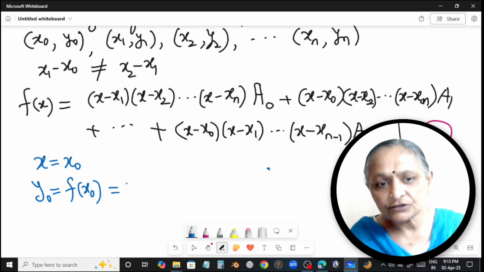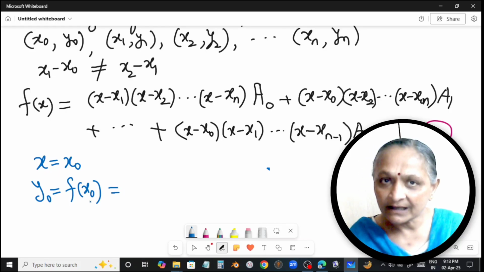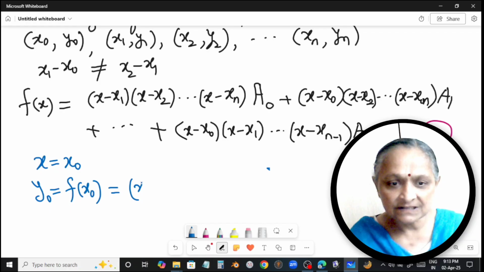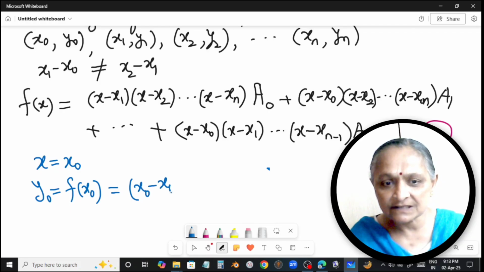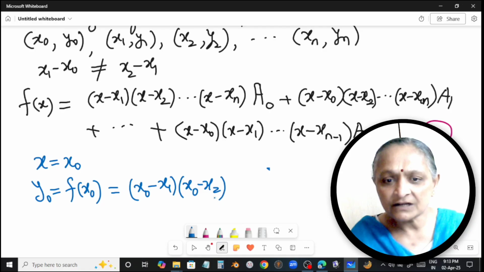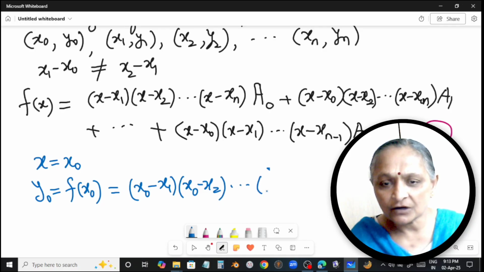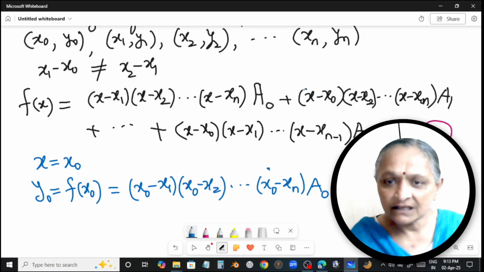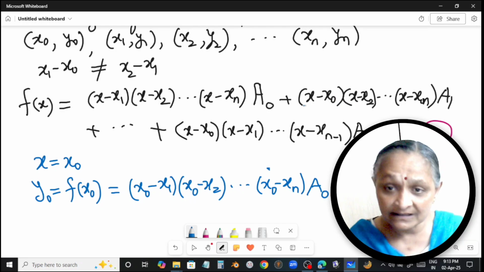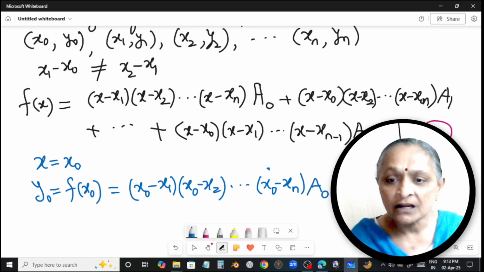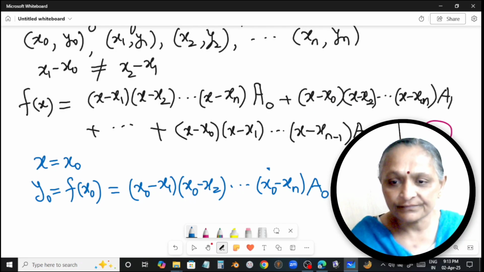And this is equal to, each time I'm putting x as x naught. So this is going to be x naught minus x1, x naught minus x2, and so on, x naught minus xn times a naught. And what about the remaining terms? Each of the remaining terms contains the bracket x minus x naught. So it is going to be 0.